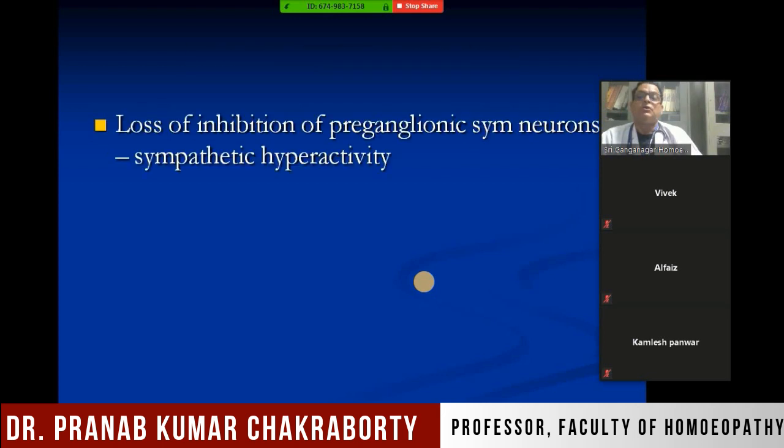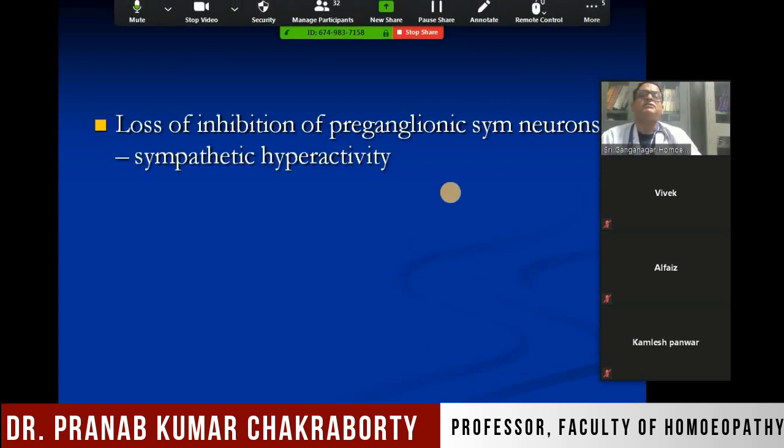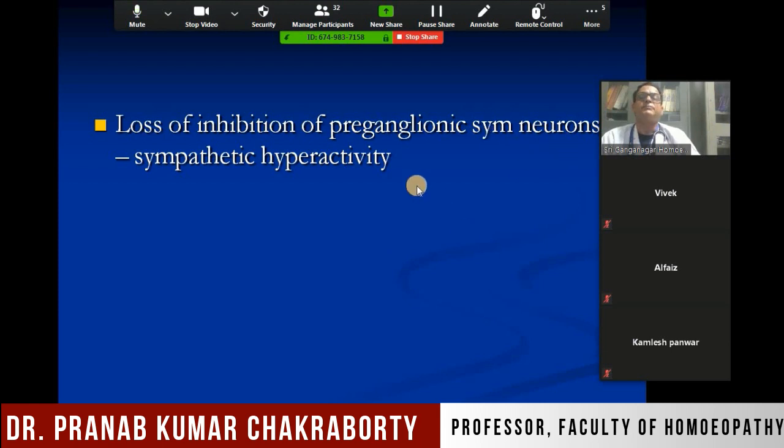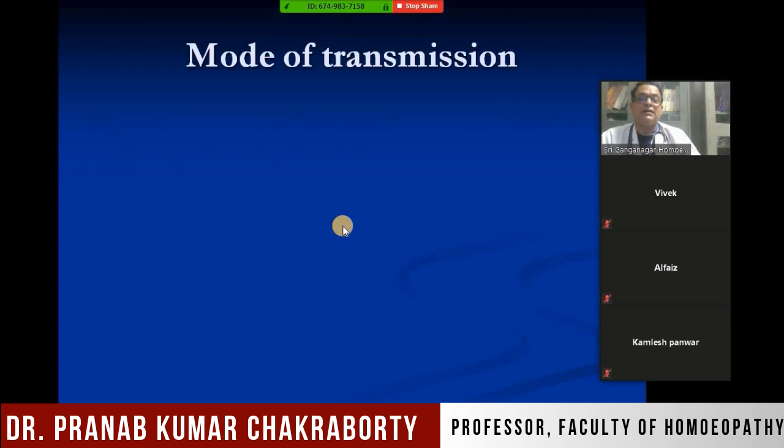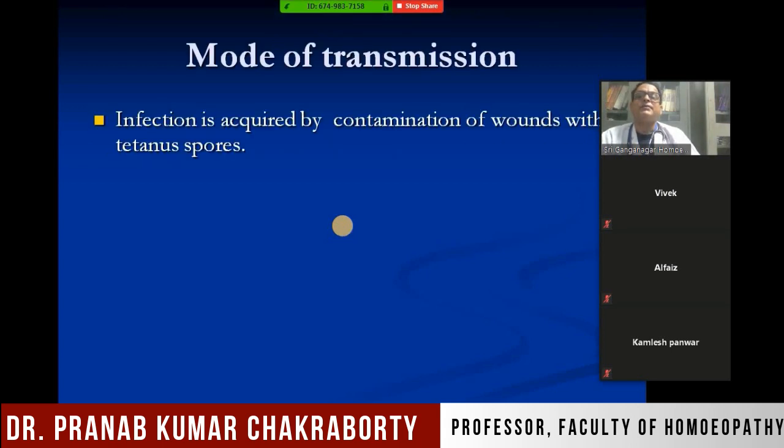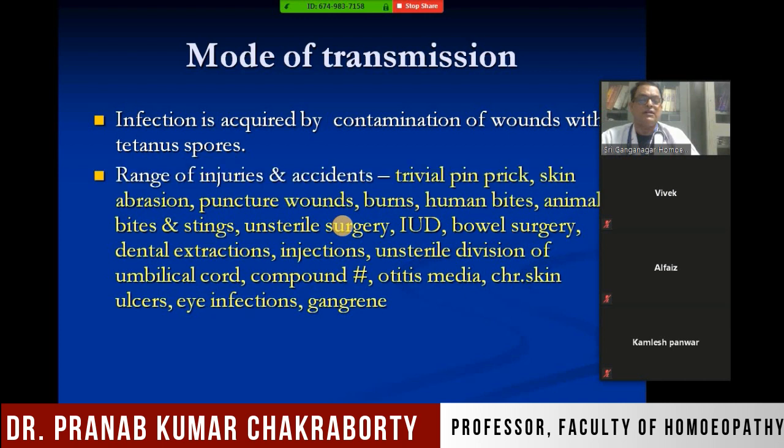So with loss of inhibition of preganglionic sympathetic neurons, sympathetic hyperactivity is happening, and the mode of transmission may occur by contamination of wounds with spores, and other than that, some trivial pinprick. Sometimes the patient gets a pinprick injury but forgets what happened.